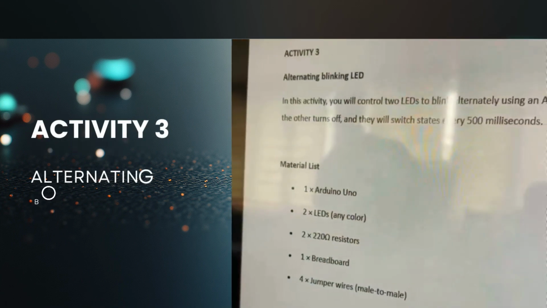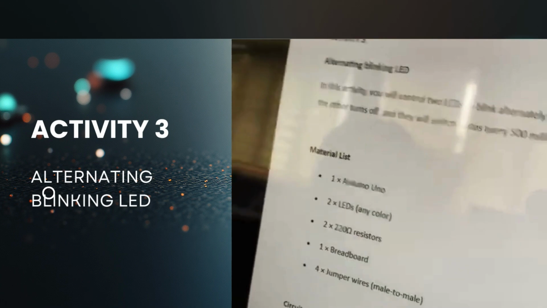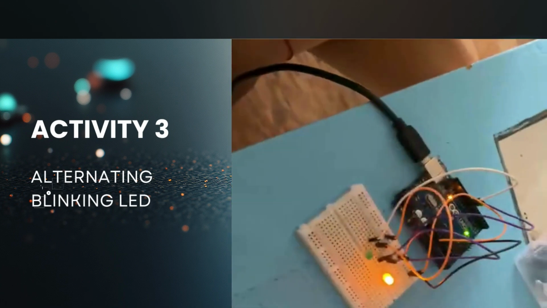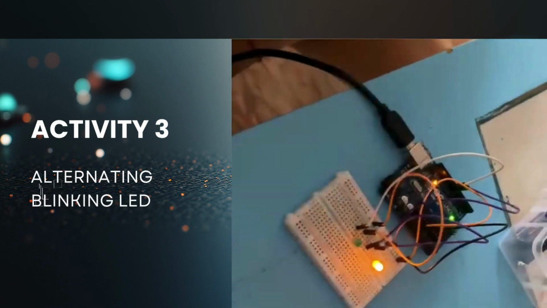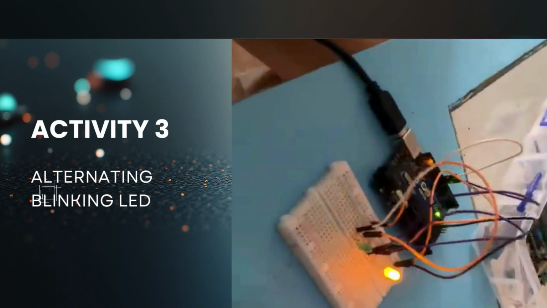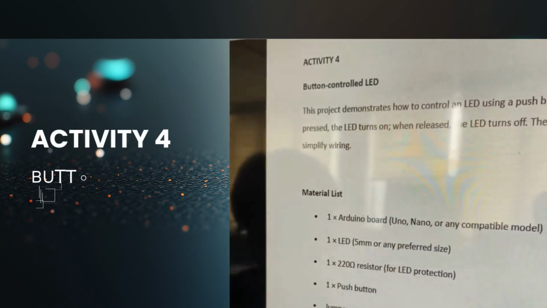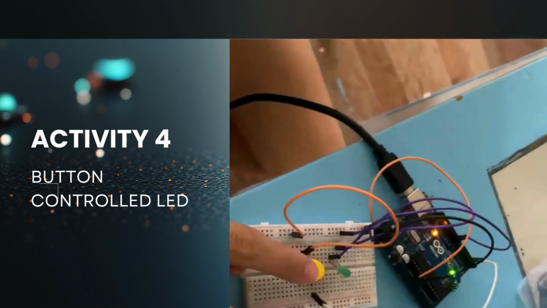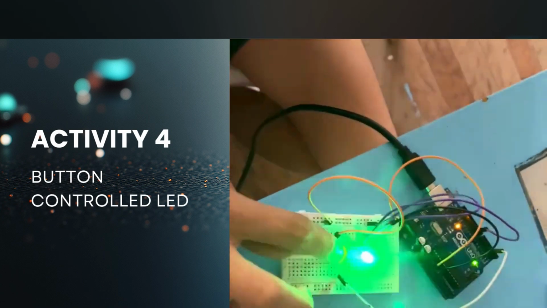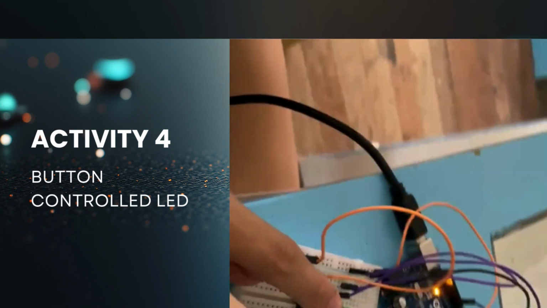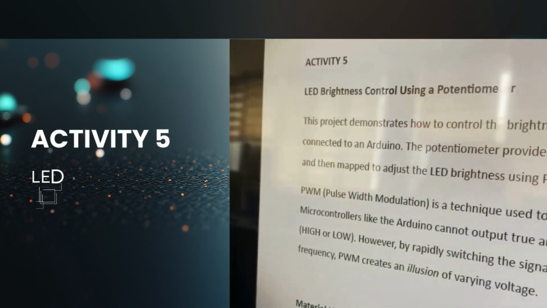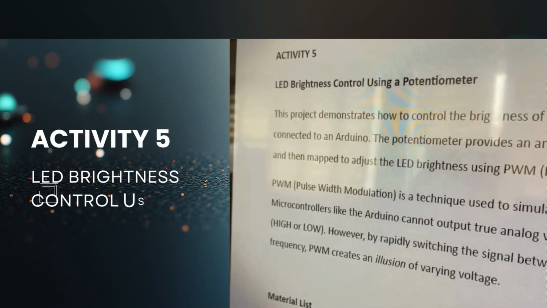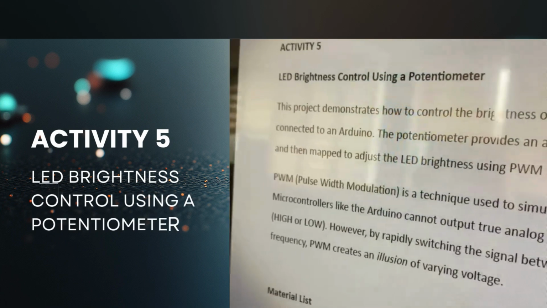Activity 3, alternating blinking LED. Makita wiring. Activity 4, button-controlled LED. Activity 5, LED brightness control using a potentiometer.